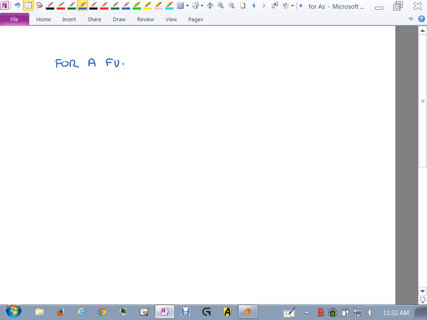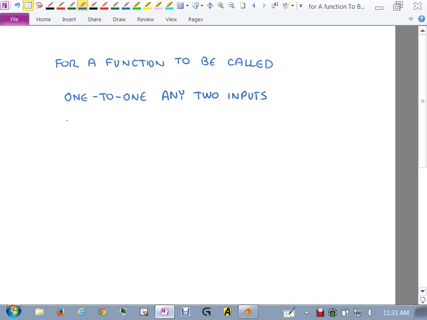So what does it mean then to be one-to-one? For a function to be called one-to-one, any 2 different inputs correspond to 2 different outputs.